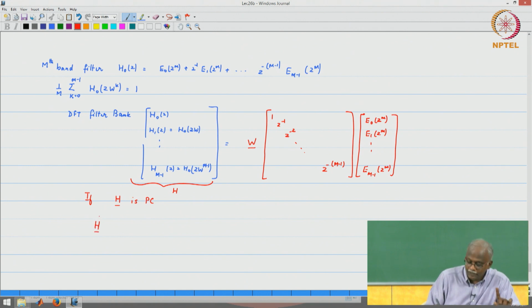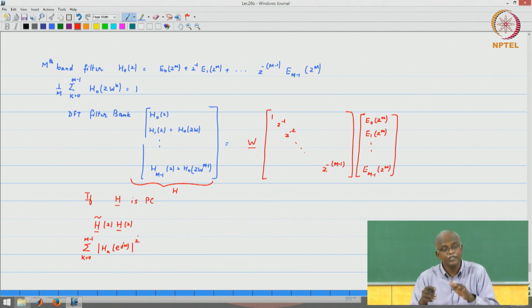H tilde of z, the paraconjugate, times H of z. This is the same as saying the summation k equal to 0 to m minus 1 of magnitude squared of H k of e to the j omega when you evaluate it on the unit circle.